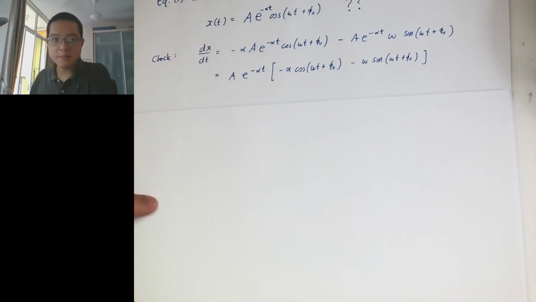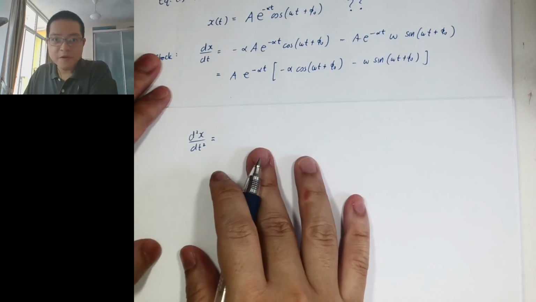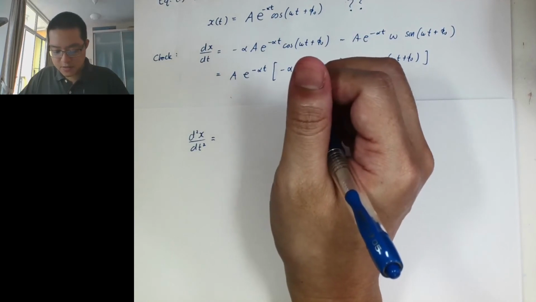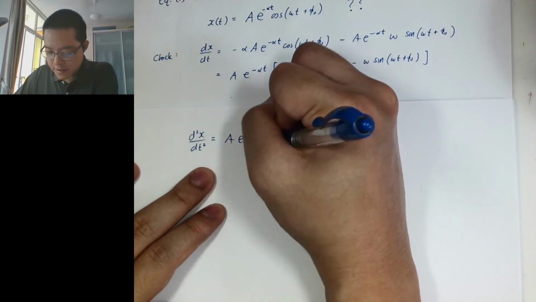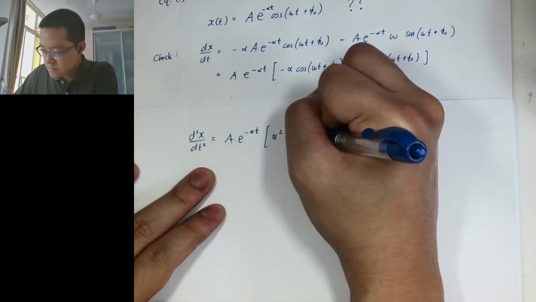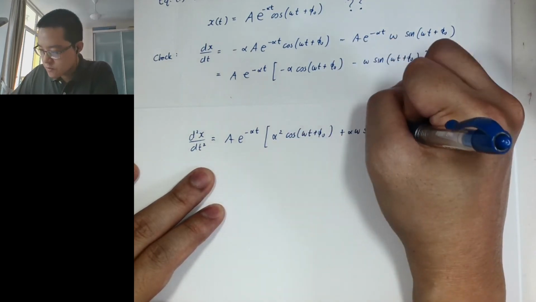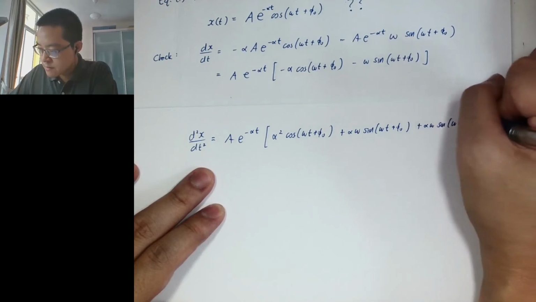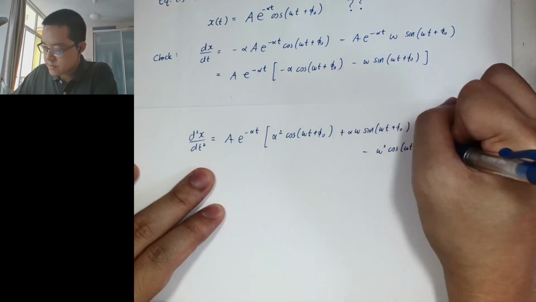I will skip some steps because I shouldn't spend too much time on the math. The second derivative is for you to practice your calculus. The second derivative is going to be like this. It is A e to the negative alpha t, and after you differentiate everything, you're going to get this thing, plus alpha omega sine(omega t plus phi 0), and then omega sine(omega t plus phi 0), and then minus omega squared cos(omega t plus phi 0).